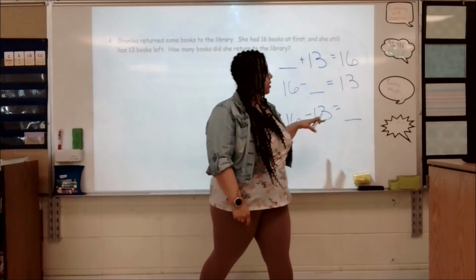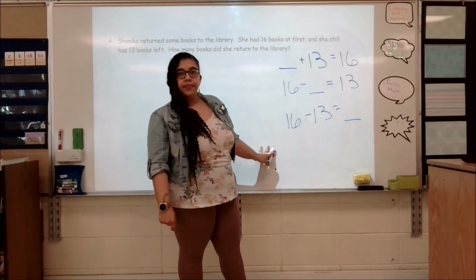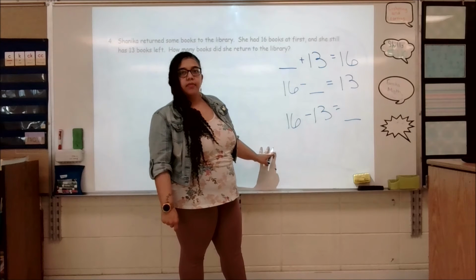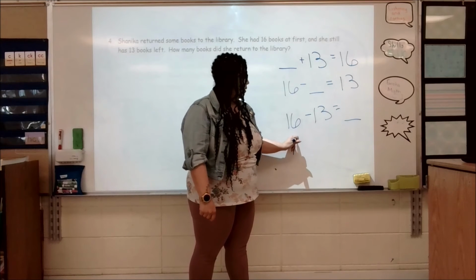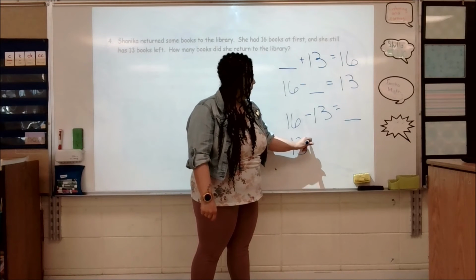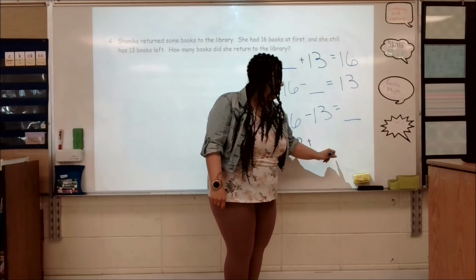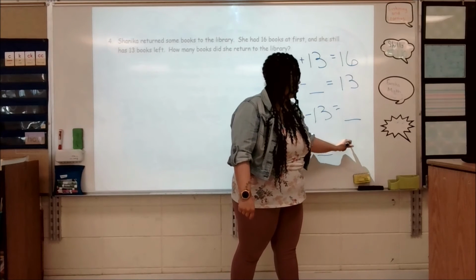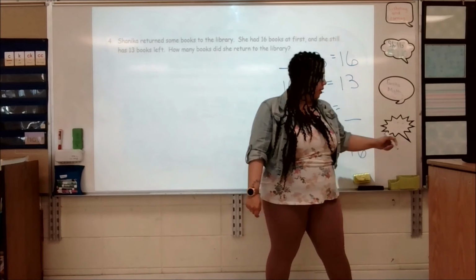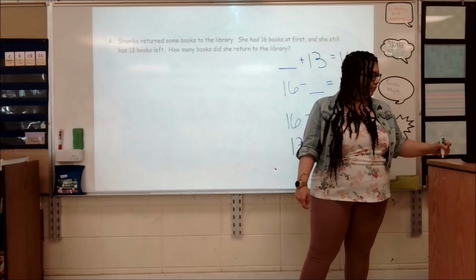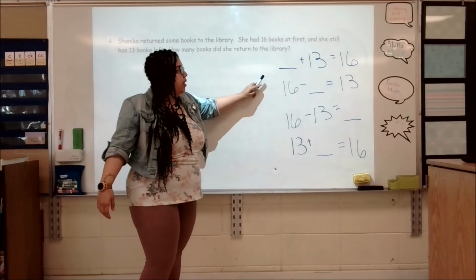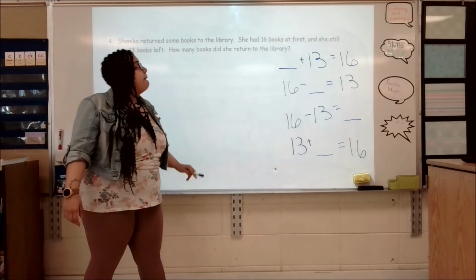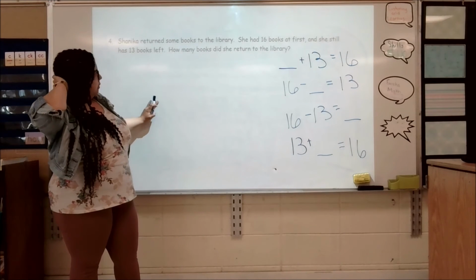Is that all my number sentences for this number bond? No, I can also do books left plus books returned is equal to all the books. Good. Okay, either way, no matter which one of these number sentences, it matches the question. Whew.